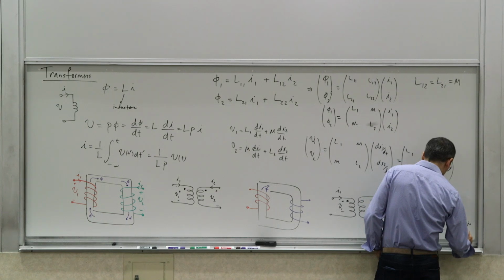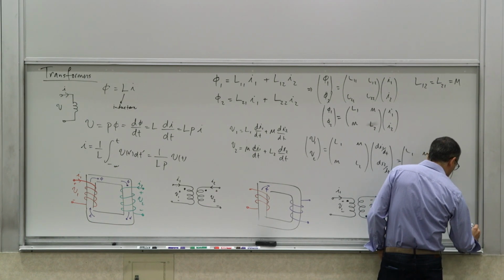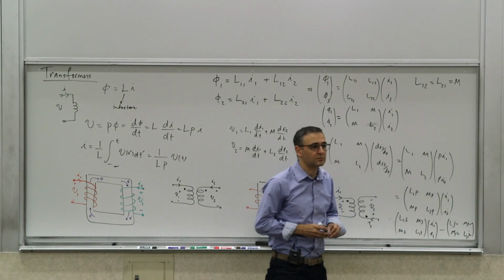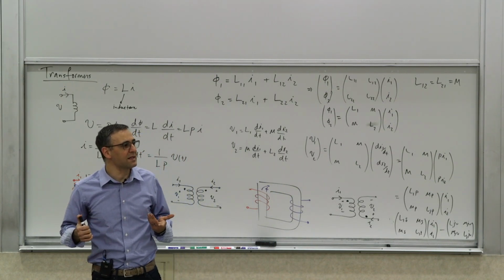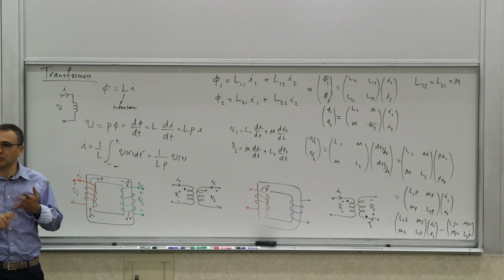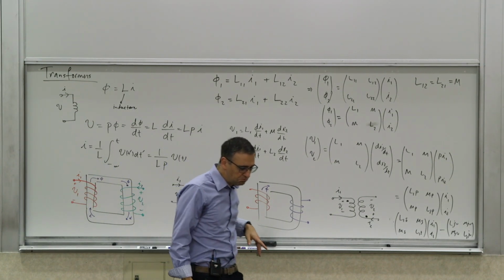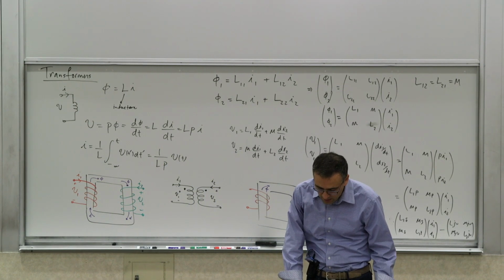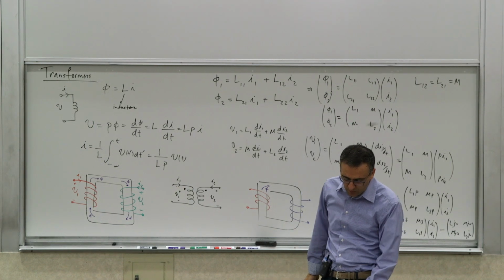We've talked about these different domains before, so I'm just writing it quickly. You can do the same thing that you did with all of the other elements, in the operator domain, Laplace domain, or Fourier domain. So nothing magical so far, and it's a pretty straightforward thing to deal with.